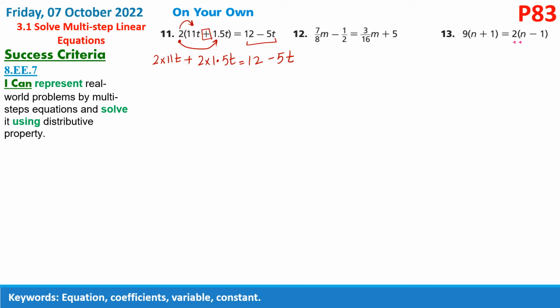Okay. 2 times 11, 22. This t copy down. Plus, now 2 times 1.5. Look, 2 times 1.5. So multiply 2 times 5, 10, right? So we write the 0 down and 1 up. Then multiply 2 times 1, 2. 2 plus 1 is 3.